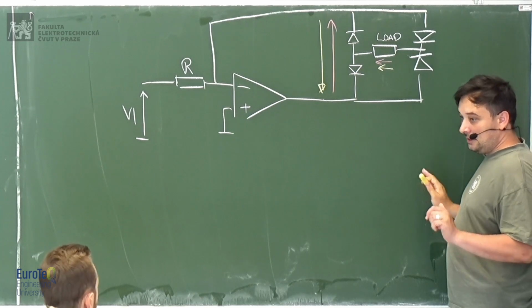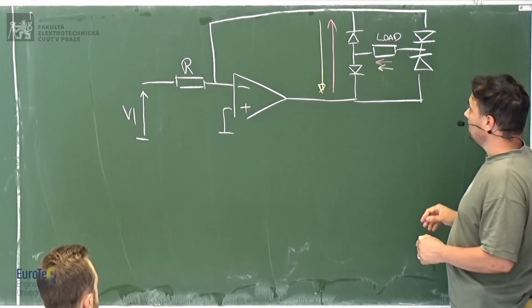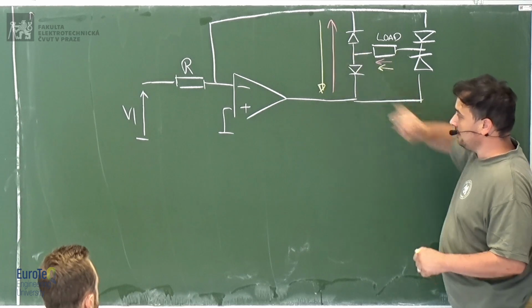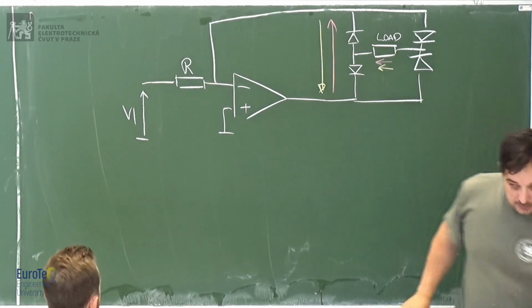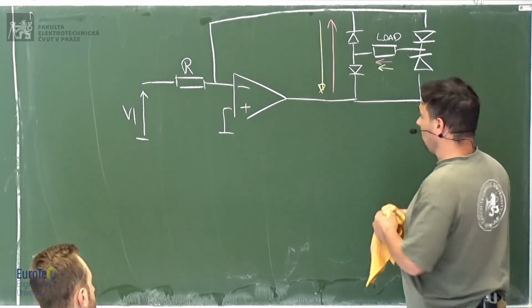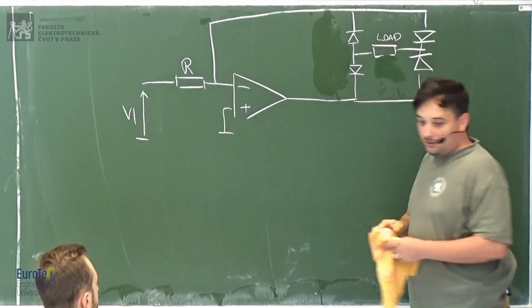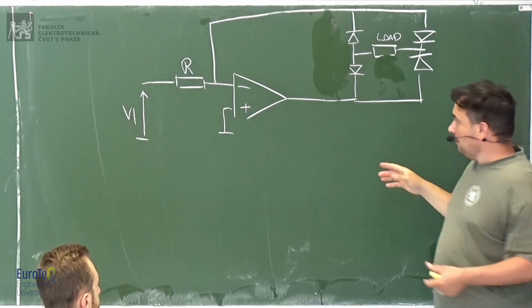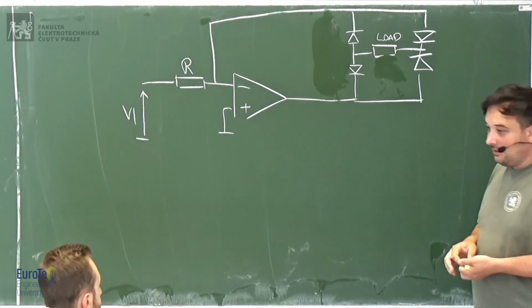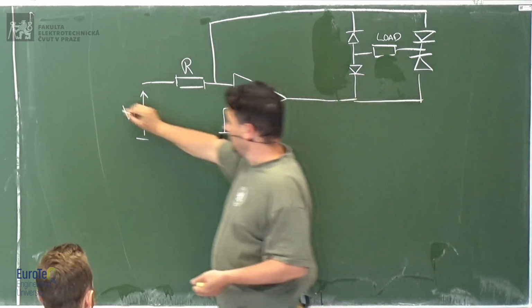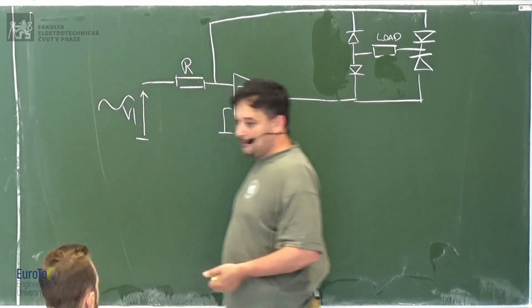Everything is hunky-dory, okay? Now, the point is this. Is V1 an alternating source? Yes. In this case, it's AC. It does work in any condition, but of course, in this case, we are working with the AC signal. So V1 will be our nice sine wave.